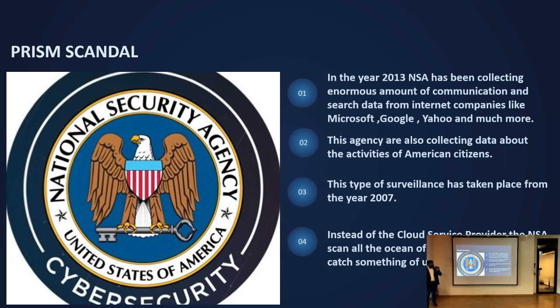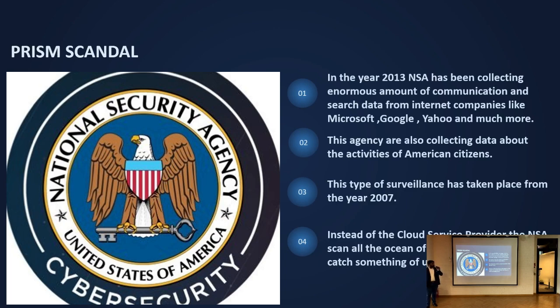These agencies are also collecting data about the activities of American citizens, keeping an eye on what type of activity they do over the internet and what services they use.